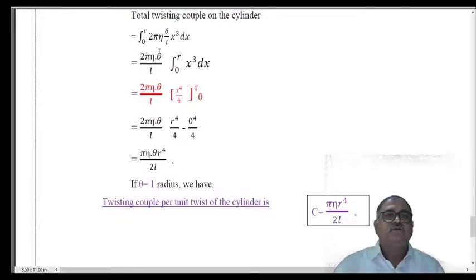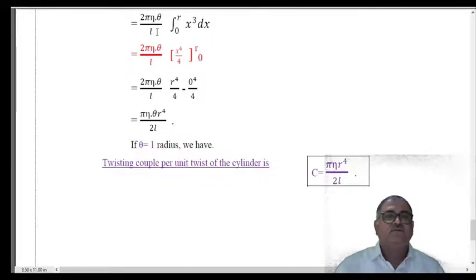Here this quantity 2 pi eta theta by L, we will take it outside the integration, and the integration of x cube into dx between the limits 0 to r, by solving this, is x raised to power 4 by 4 between the limits 0 to r.